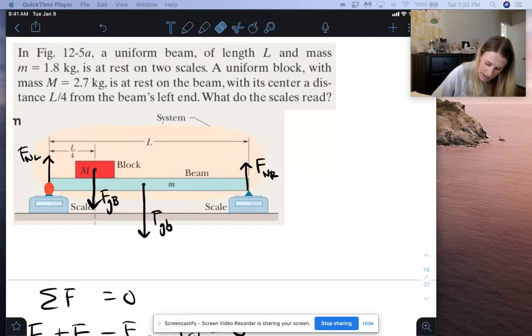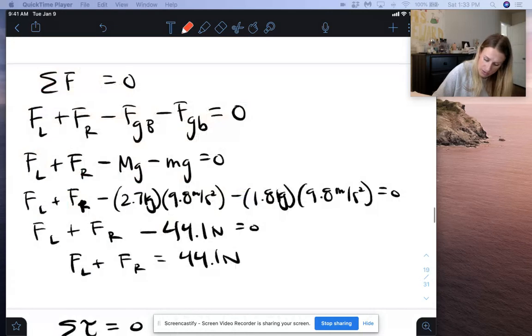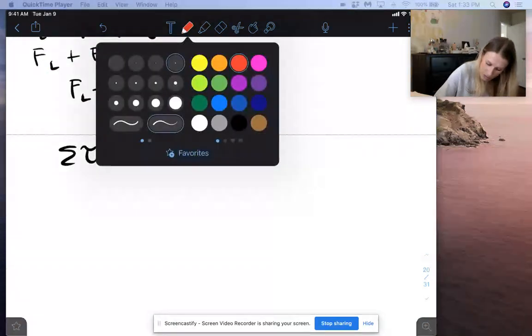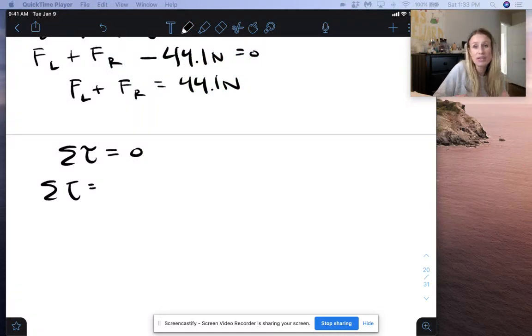And then the scale over here is pushing up on the system, so that would cause a counterclockwise rotation. Since it's a counterclockwise rotation, that would be a positive torque. So what we're going to get here for our net torque, and we can also include the torque from the left-hand side right now, and I'll show you how it ends up being 0.